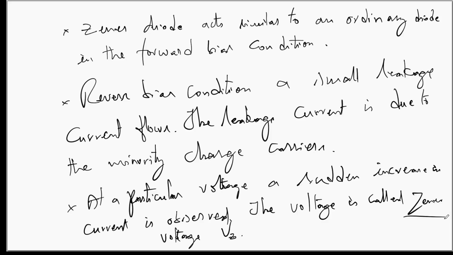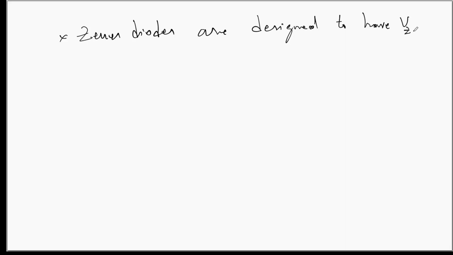The Zener diodes are designed to have a very low value for the Zener voltage. Generally, the Zener diodes are designed to have Vz, that is Zener voltage, of about 2.4 volts.